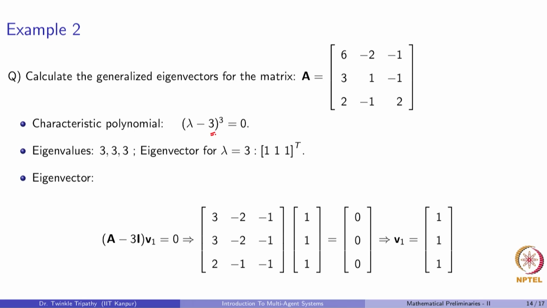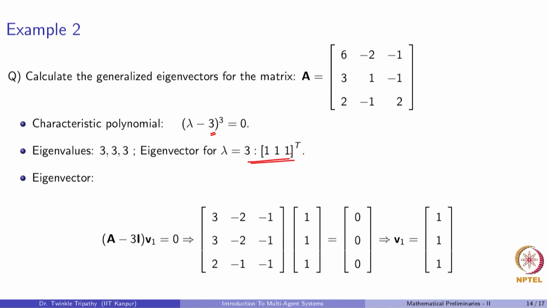We see that the eigenvalue lambda is actually repeated thrice, and when we calculate the eigenvector, we realize that we can find only one eigenvector, meaning the eigenspace has dimension 1. In that case, we cannot do the Jordan decomposition because we are falling short of 2 linearly independent eigenvectors.